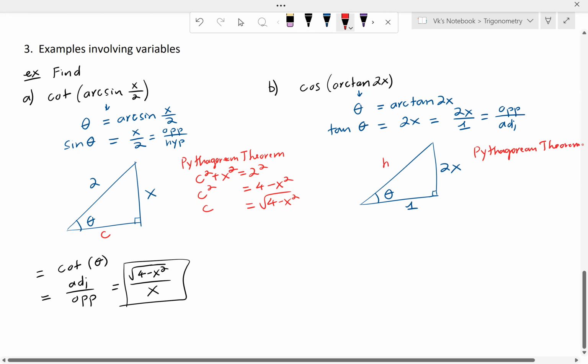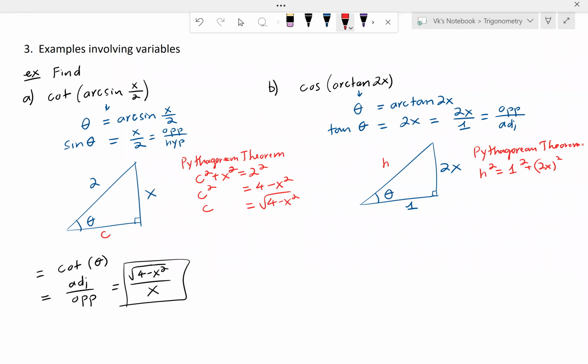Using the theorem, h squared is 1 squared plus 2x squared. h squared is 1 plus 4x squared. So h is root of 1 plus 4x squared.